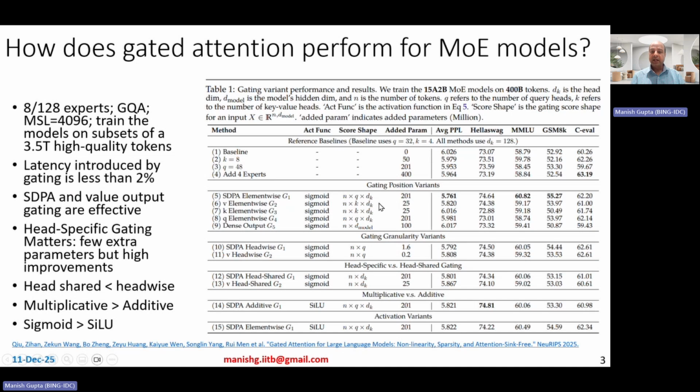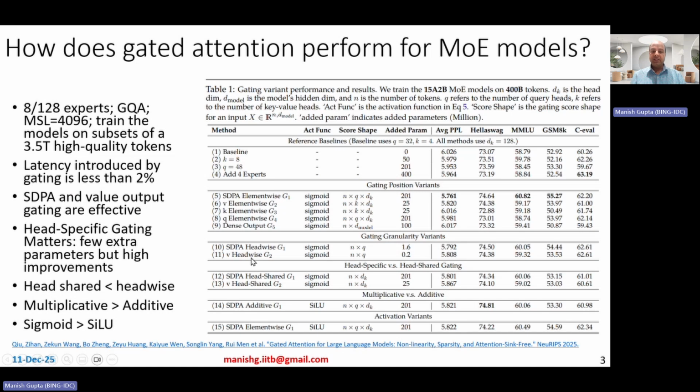So depending on where you apply it, the size of these gating parameters or gate values is going to be different, right? However, if you notice, although this element-wise G1 gate has quite some parameters, 201 million, the value head has just 25 million parameters.